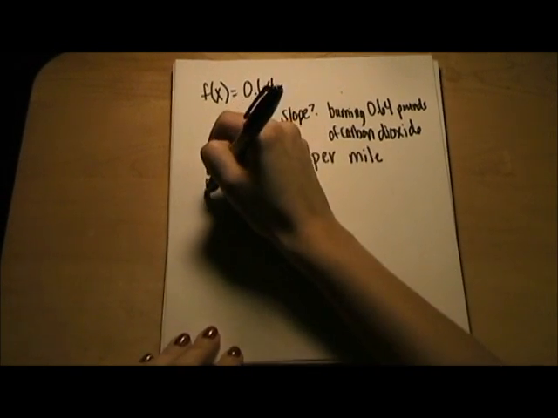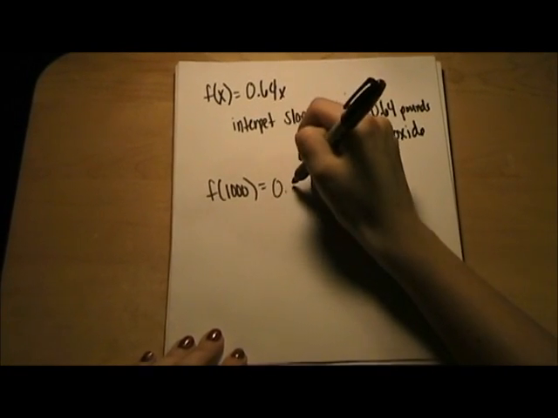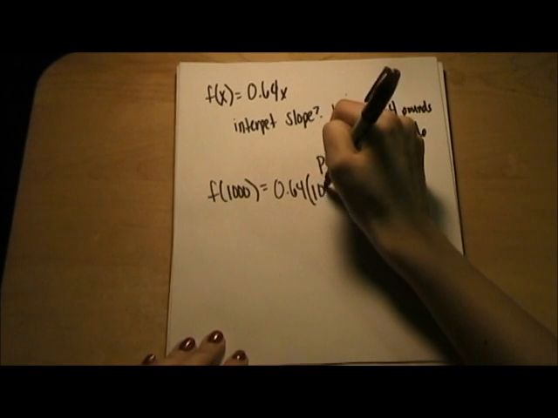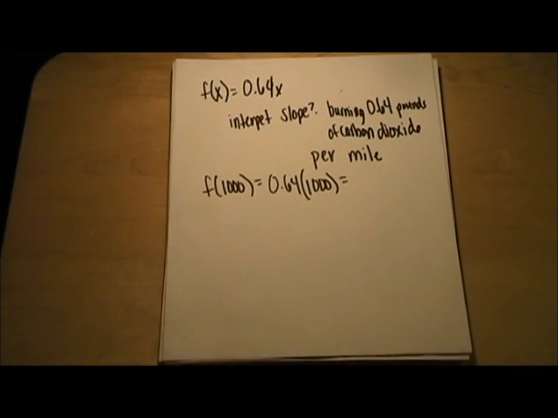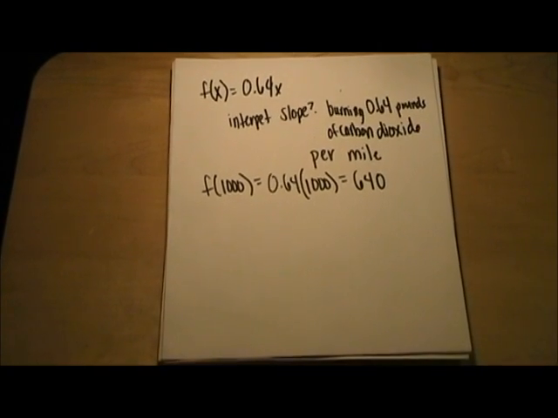And then if they wanted to know f of 1,000, we would just plug in 0.64 times 1,000, and we would get 640.